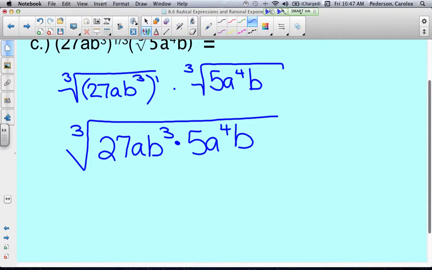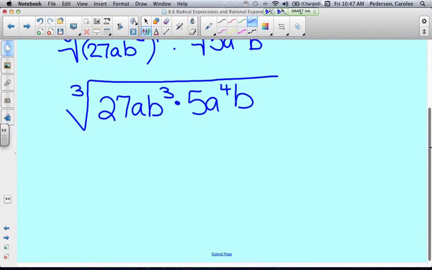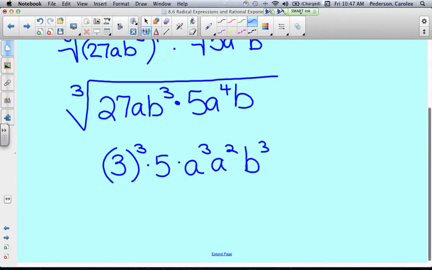Now we try to break down the terms so that they're in groups of 3s or raised to the 3rd power. So 27 can be written as 3 cubed. And then we have 5. And then we have 5 a's. So I'm going to split up as a cubed and a squared. And then I have a b cubed and then a b left.